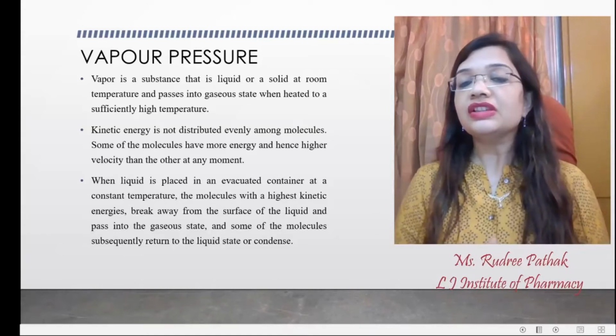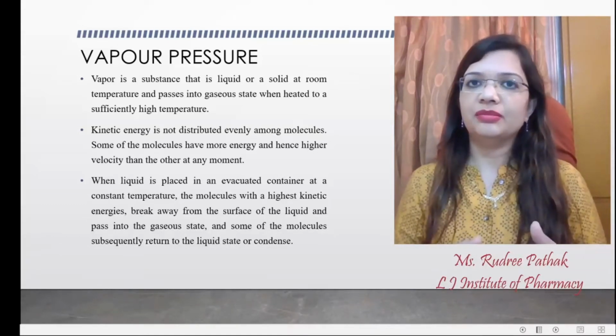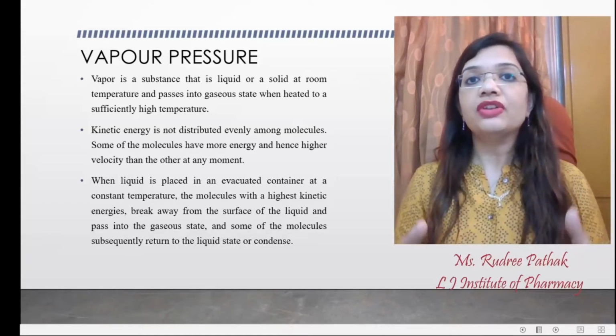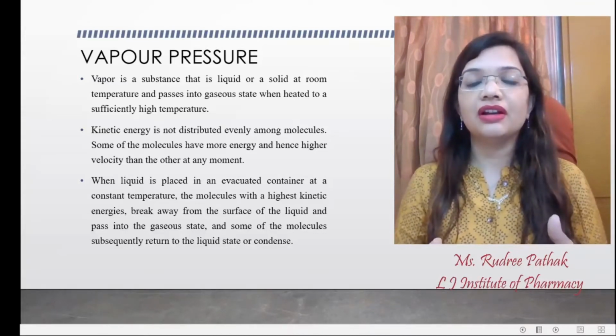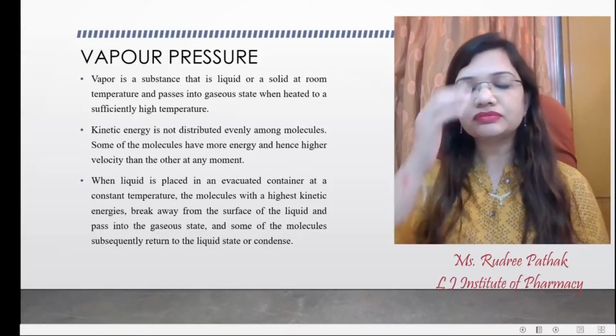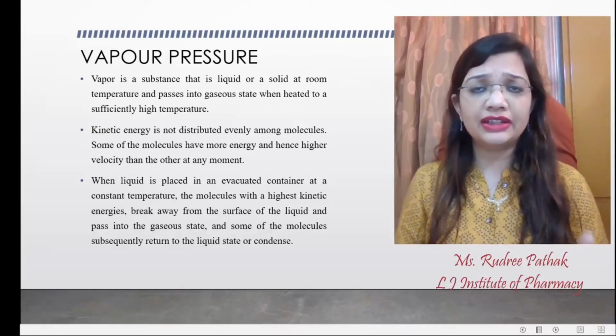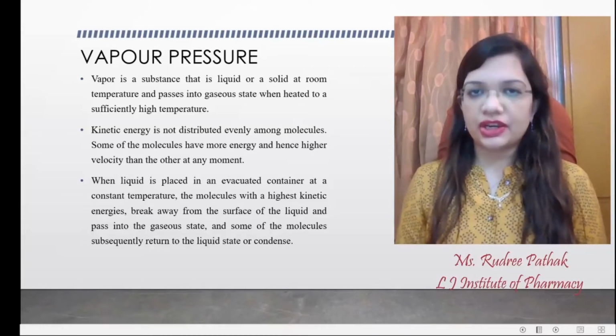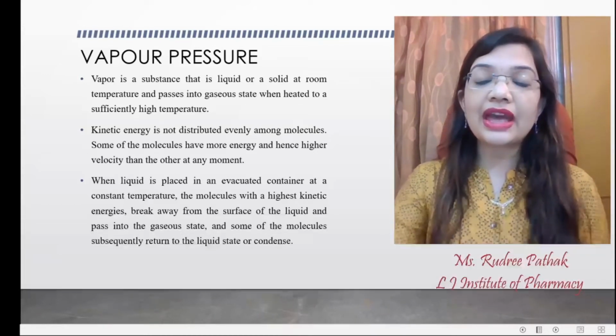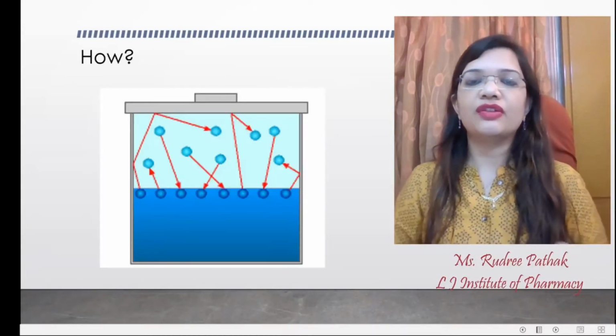The pressure which is exerted by such a system, made up of liquid molecules which escape from the surface of the liquid, is known as vapor pressure. Let's have a look at the diagrammatic representation of the same.